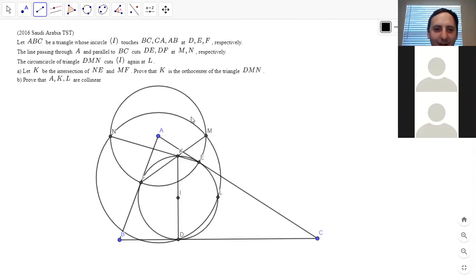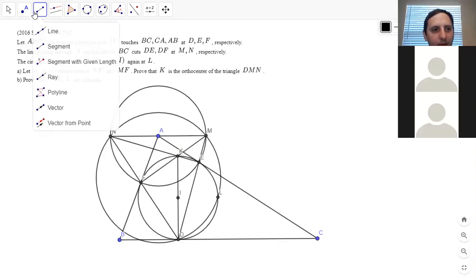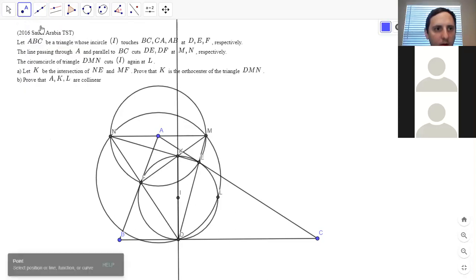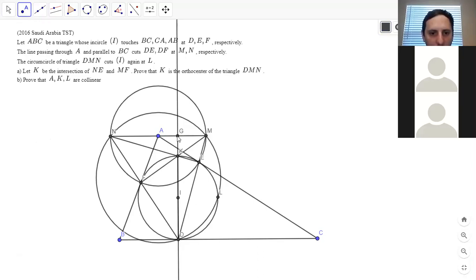Oh, I have actually another solution to this. Oh yeah? It is actually really easy to use the power ratio lemma here. Oh really? Interesting. How do you do it? So we extend DK to meet MN. And then we want to prove that AGLD is cyclic.